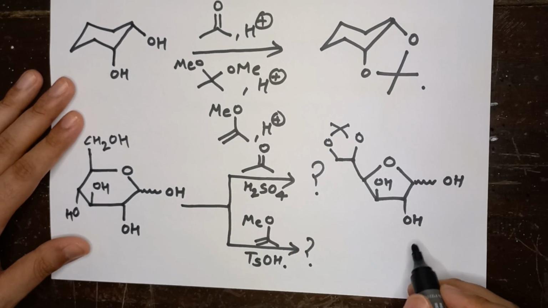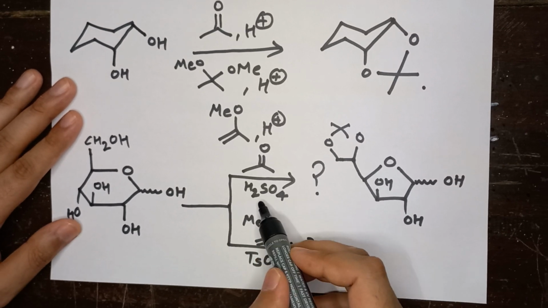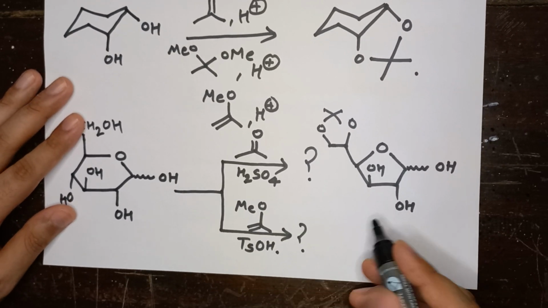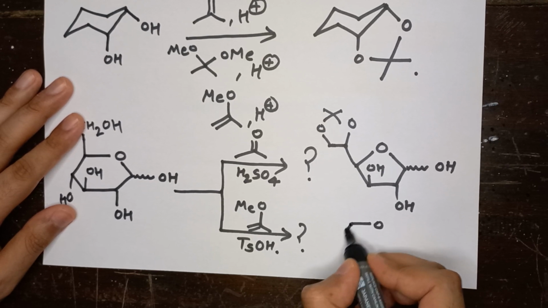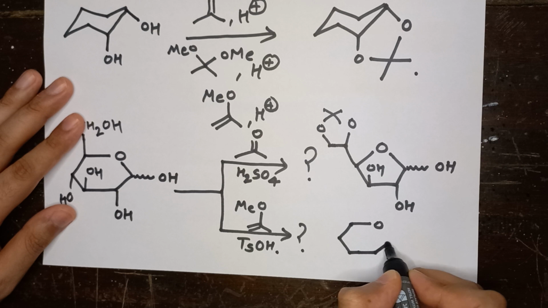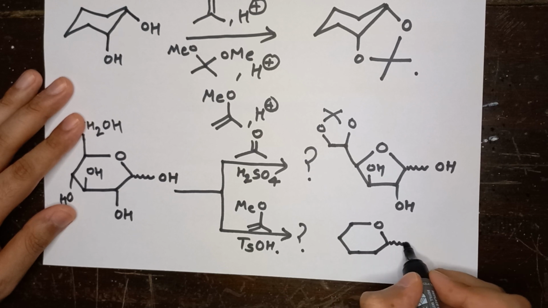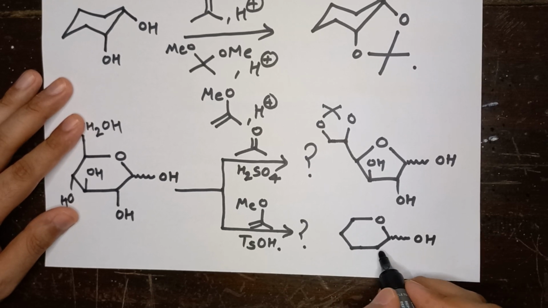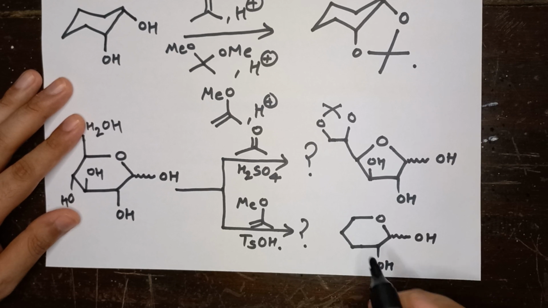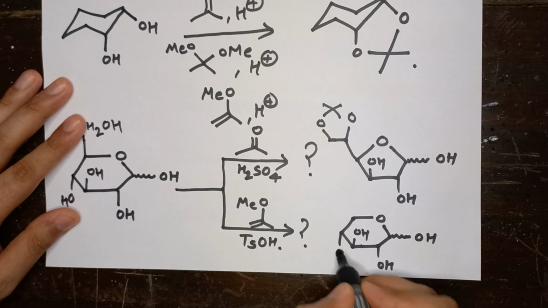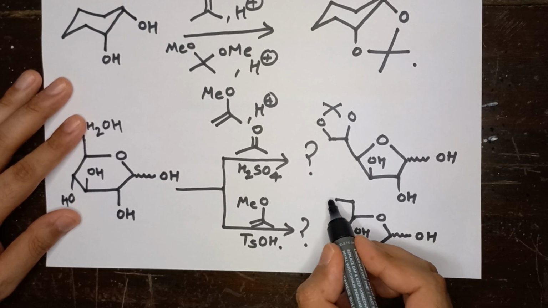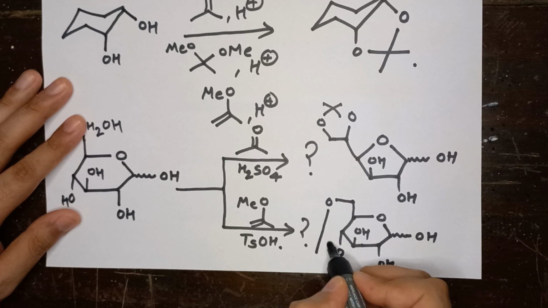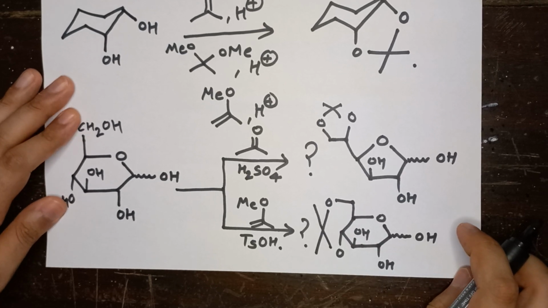So this is the product for the first reaction, acetone under H2SO4. OH, OH, OH, O, CH2, O, and this is the product.